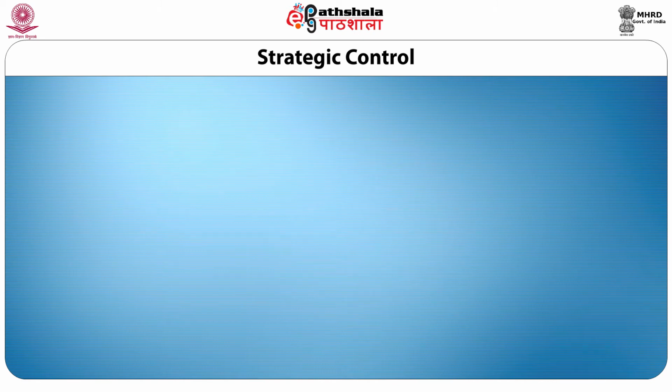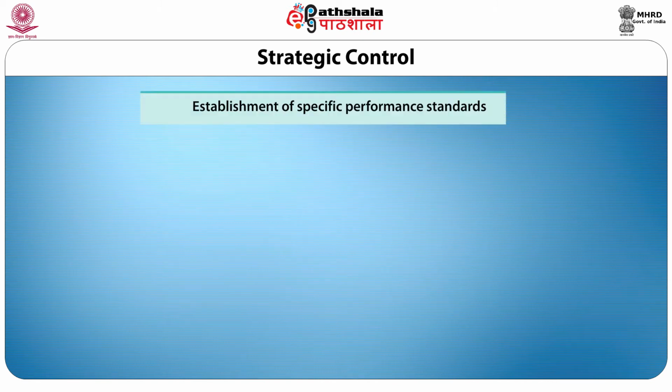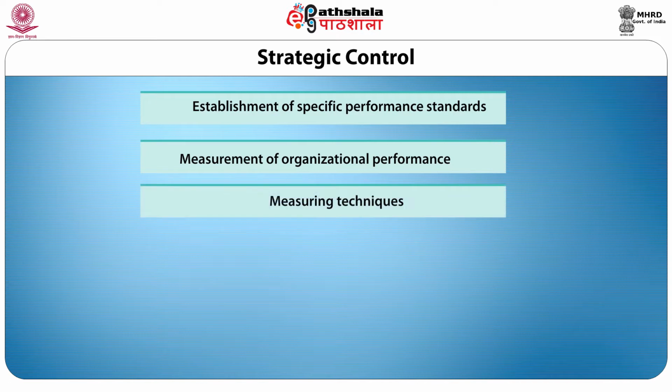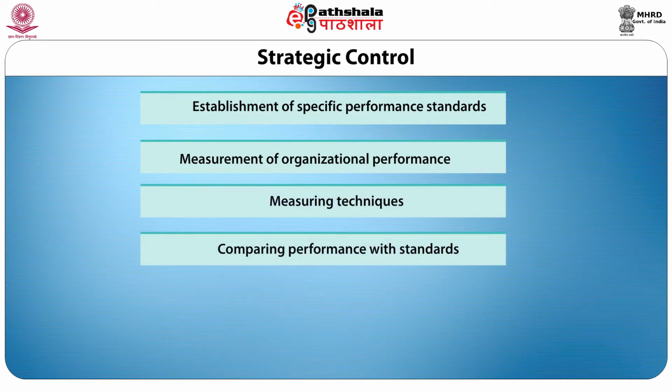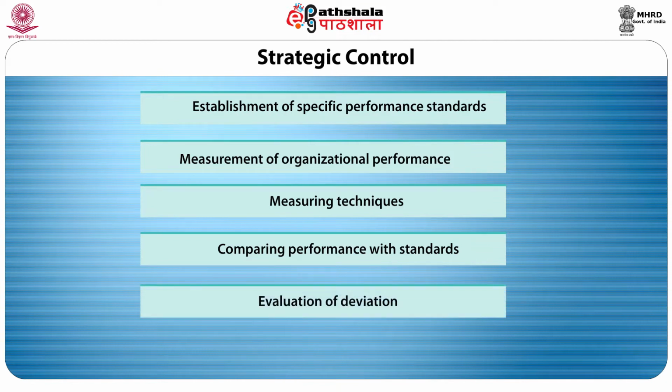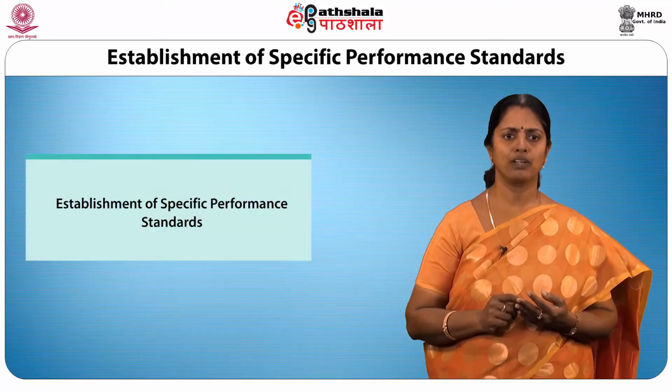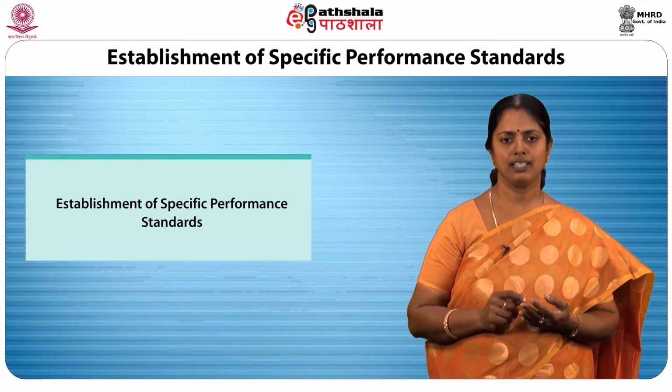They are establishment of specific performance standards, measurement of organizational performance, selection of measuring techniques, comparing performance with standards, evaluation of deviation, and then taking corrective action. Let's now deal with each step in detail.